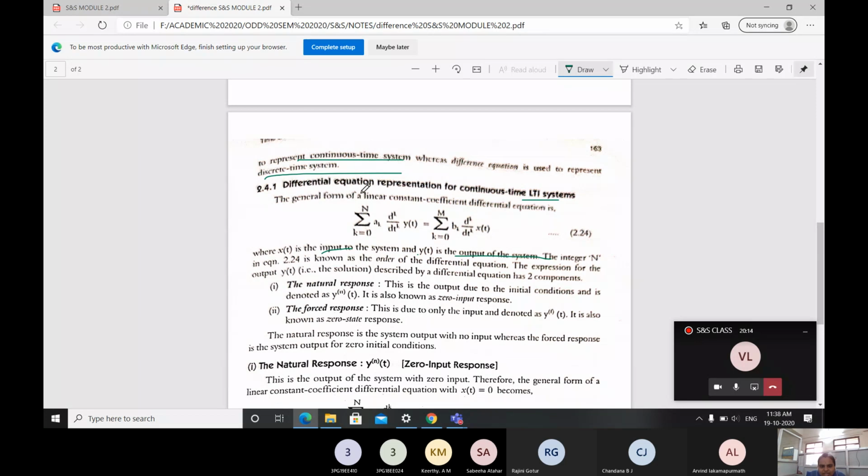The integer capital N is known as the order of the differential equation.